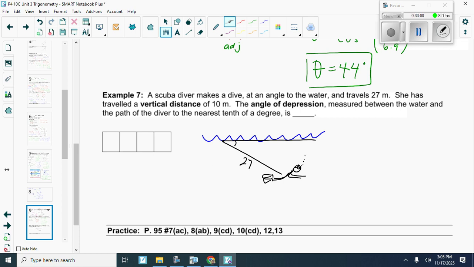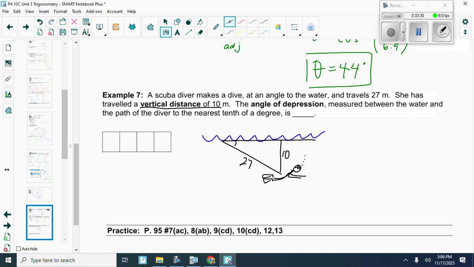He has traveled a vertical distance of 10 meters. That's like if I were to go directly on top and just go down. Up and down is your vertical distance, and this is your keyword here: vertical distance of 10 meters.